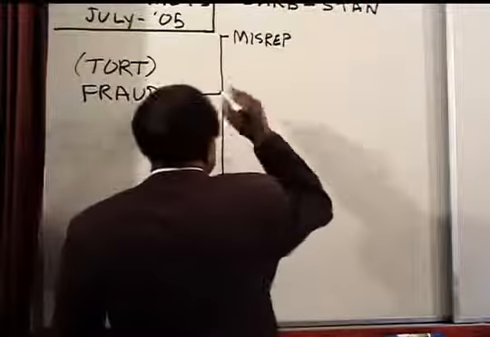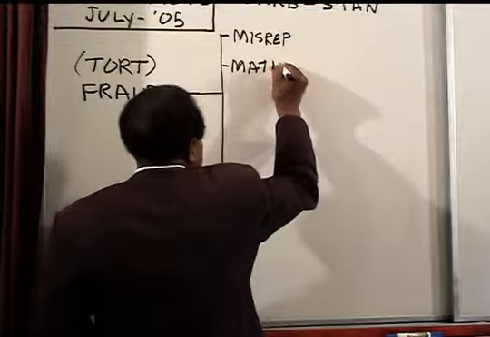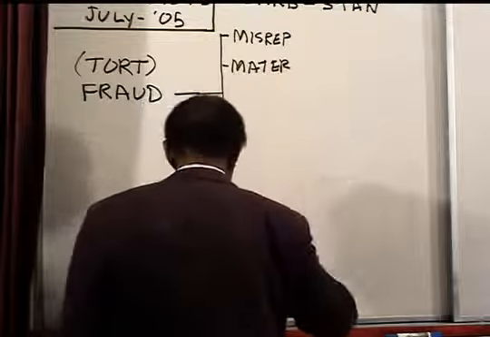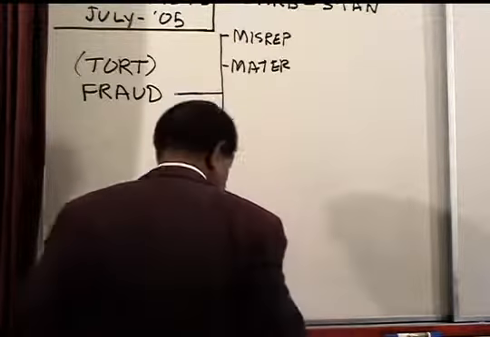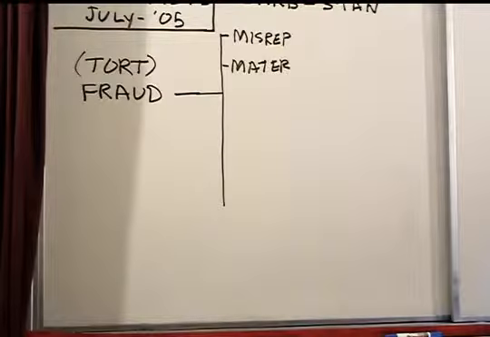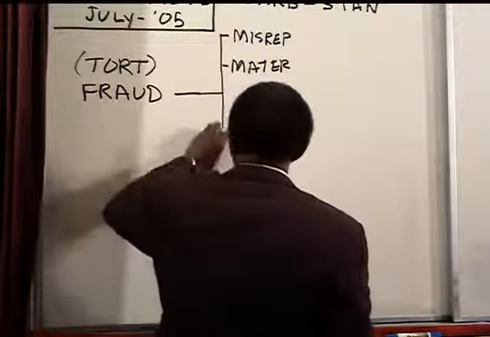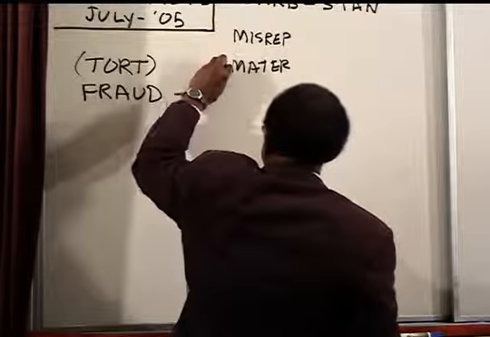of a material fact. I'm going to change something here. I'm going to number these, because it's sometimes easier to remember things if they're numbered.